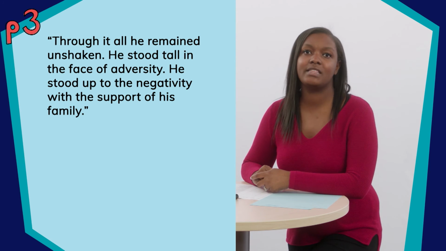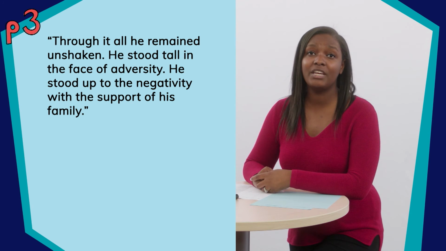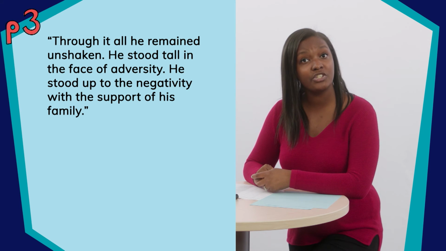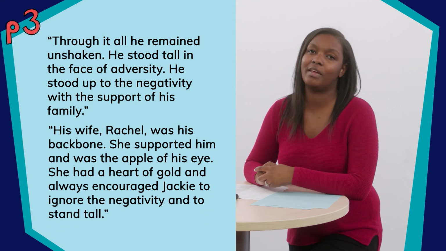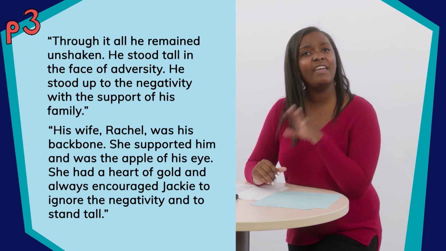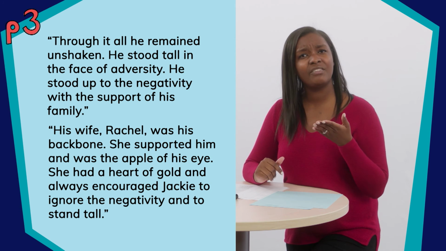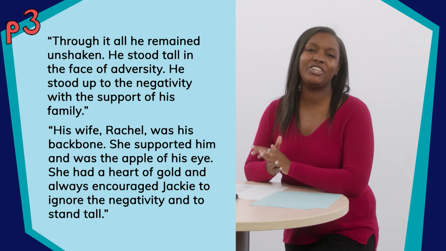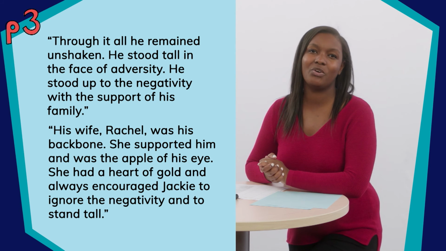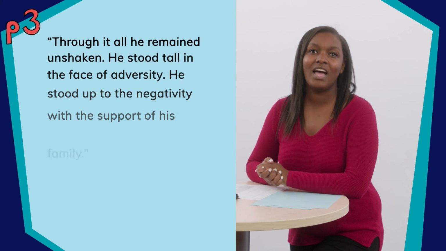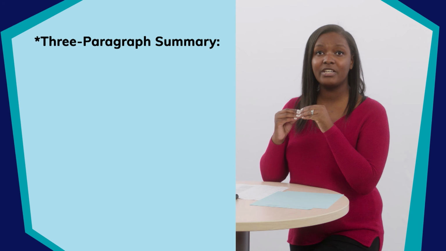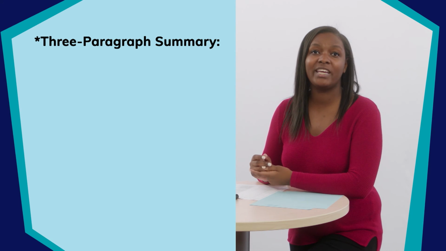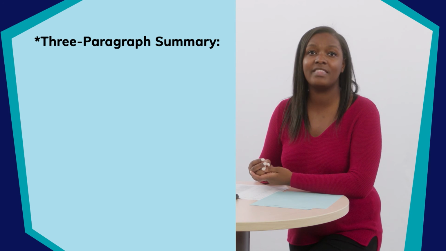The detail sentences in this paragraph provided me with information on how Jackie persevered and how his wife supported him through it all. If your summary for paragraph 3 is a bit different, that's okay. Just make sure yours is supported by textual evidence. Let's go ahead and put our paragraph 3 summary together and read it to make sure it captures all the main ideas from this text.